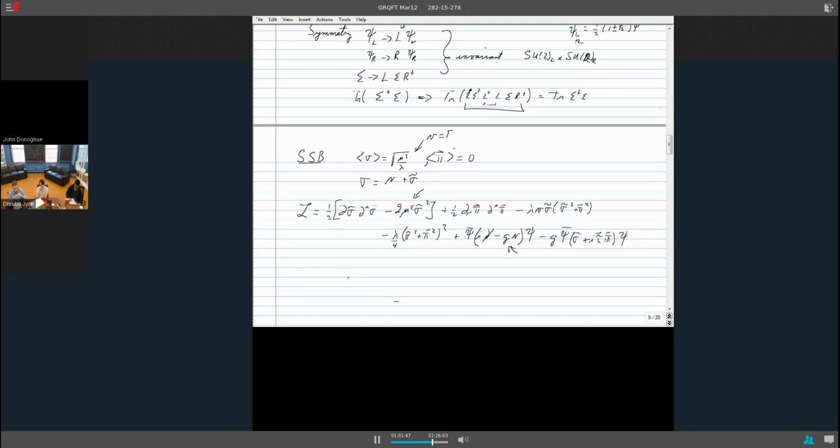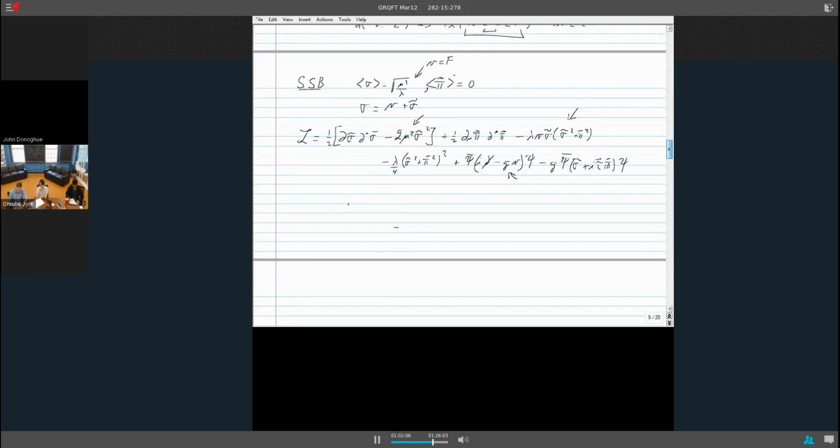Then there's a 1/2 (d mu pi) squared with no mass term. There's a coupling minus lambda V sigma twiddle times (sigma twiddle squared plus pi squared).